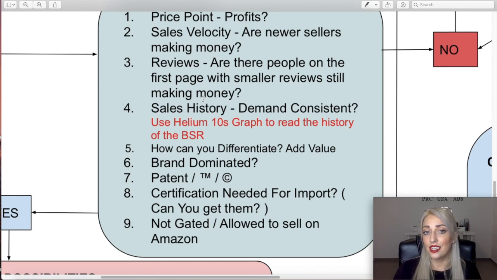The 6th thing is brand dominance. Is this specific niche dominated by one brand? There's a few different ways you can see that. The fastest way is when you're on the main keyword for that product, you click on the Helium 10 Chrome extension, and where it says brand, you'll see who the brands are.